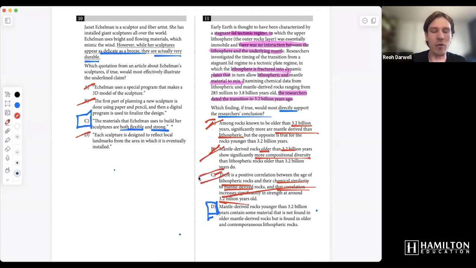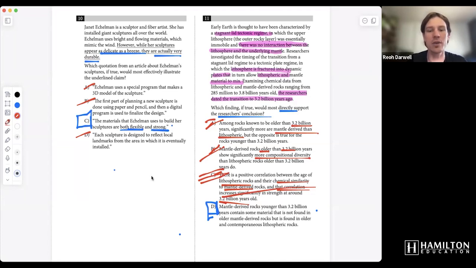So, a 4 billion-year-old lithospheric rock would look just like a mantle-derived rock, but a zero-age lithospheric rock would look nothing like a mantle-derived rock, is what a positive correlation would mean. Okay? That's the opposite of what we would want to state, right? We would want to say that there's greater mixing later on. Okay, so that there's more similarity between lithospheric and mantle-derived rocks after 3.2 billion years ago, because that's when we start seeing the interaction between the lithosphere and underlying mantle.